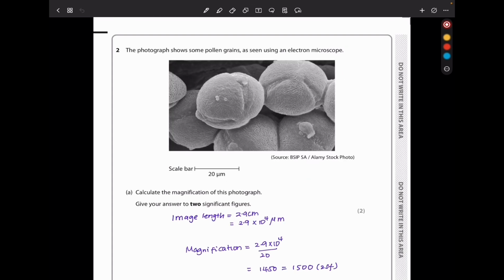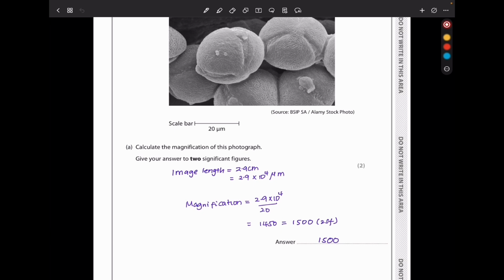In question 2, the photograph shows some pollen grains as seen using an electron microscope. So these are the pollen grains they're talking about. They put for us a scale bar here where the actual length is 20 micrometer. So they say calculate the magnification of this photograph. Give your answer to 2 significant figures.